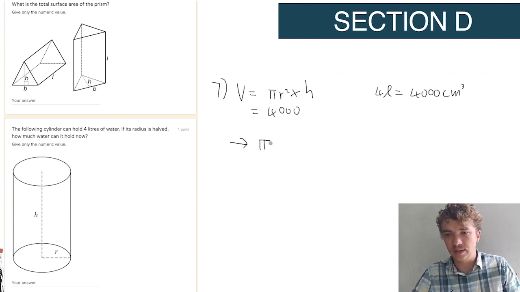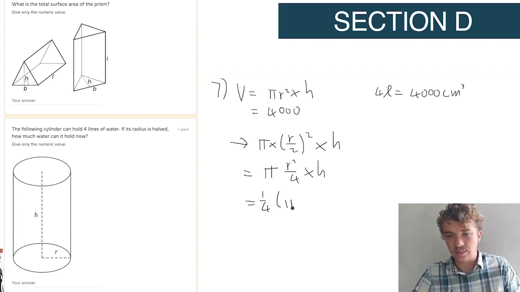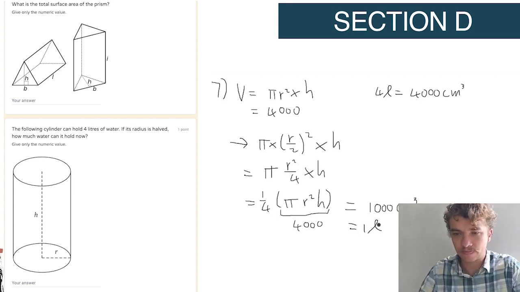Now we have pi times r over 2 squared times h, which is just equal to pi r squared over 4 times h, and this is equal to a quarter times pi r squared h, which we know is equal to 4,000, and therefore we now have our answer of 1,000 cubic centimeters, which is just equal to 1 liter. And that's the end of this section.